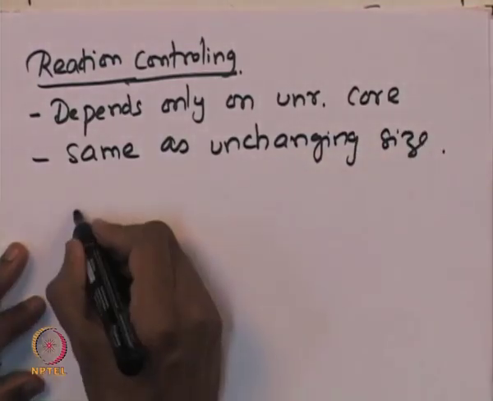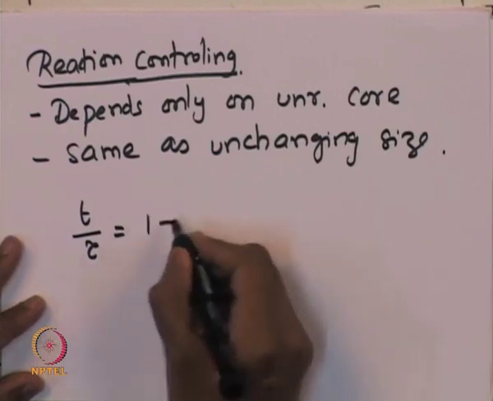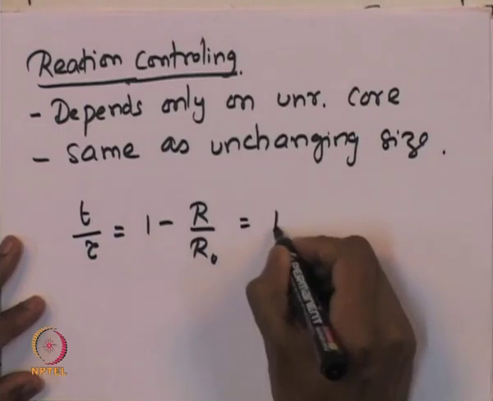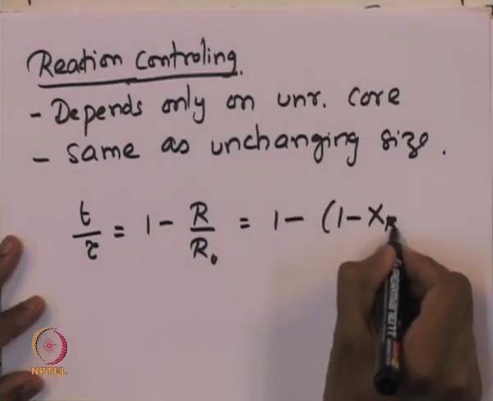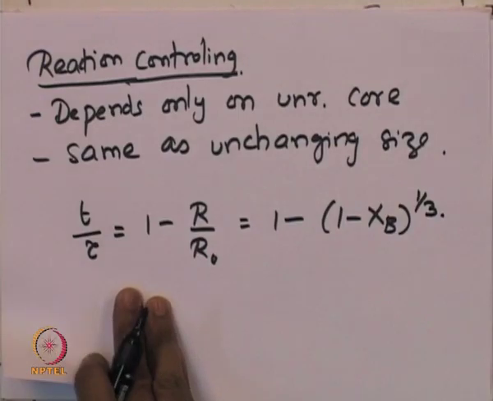Therefore, we can easily write that the fraction of time taken to reach a certain radius is simply given by 1 minus r by r naught, and that is given by 1 minus X_p to the power of 1 by 3.